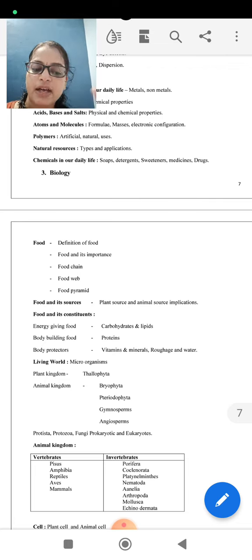With cell wall, again we have two types: they can perform photosynthesis, and they cannot perform photosynthesis. They can perform photosynthesis means plantae kingdom. They cannot perform photosynthesis means fungi.